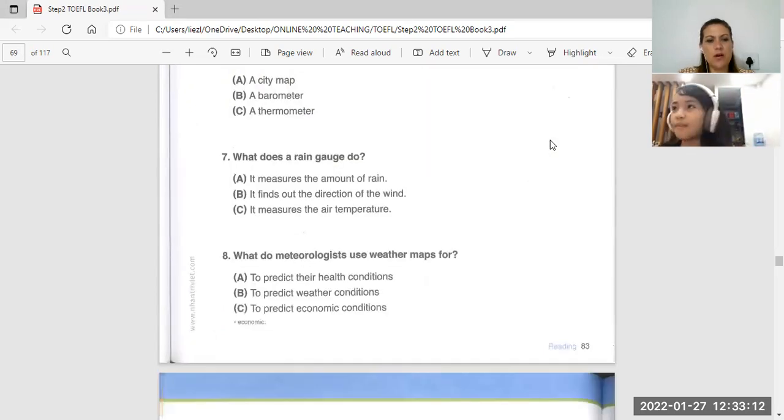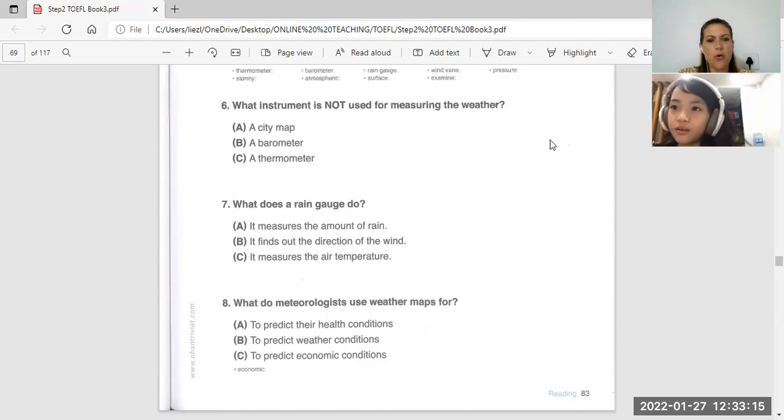What do meteorologists use weather maps for?